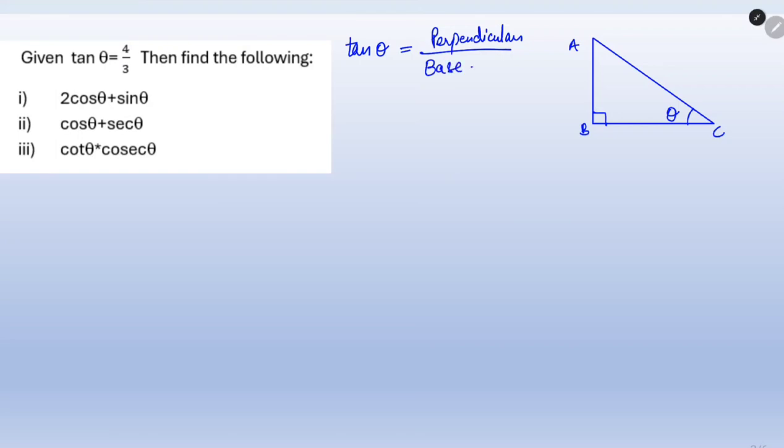Given here is 4 by 3, so it gives the value of perpendicular as 4 and base as 3.